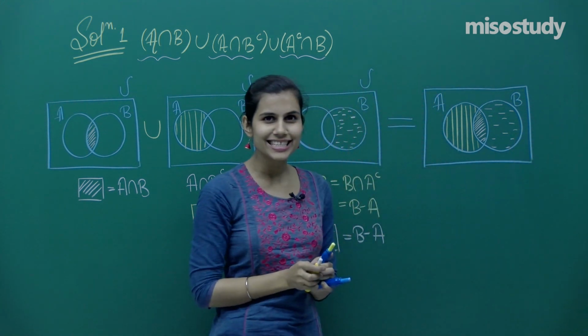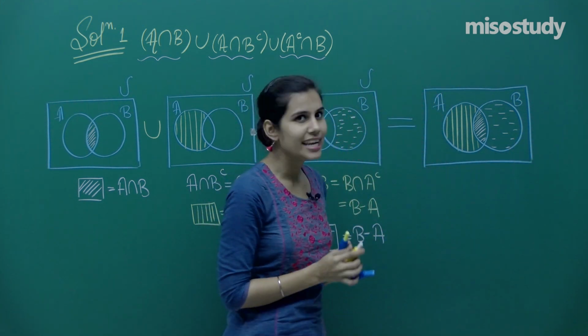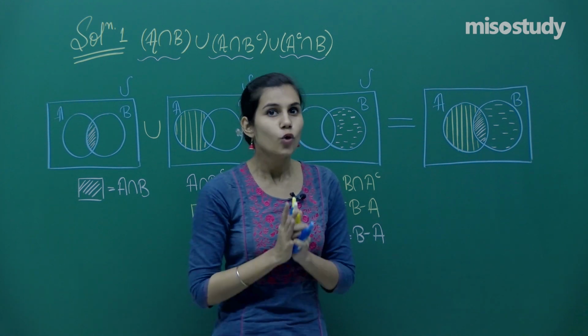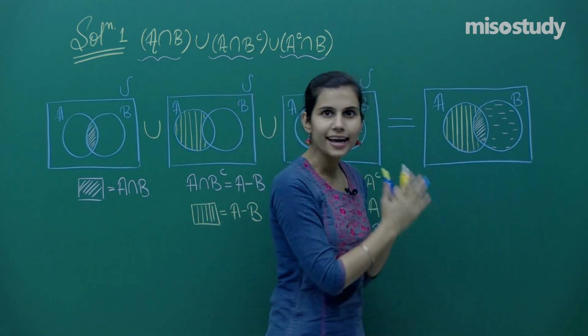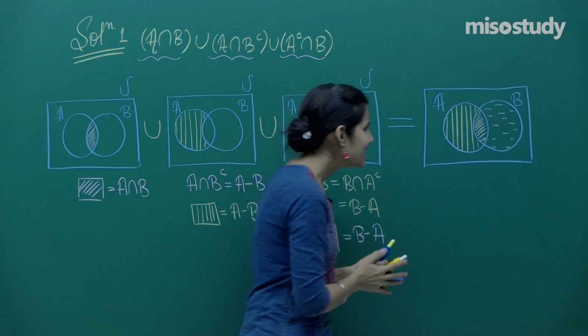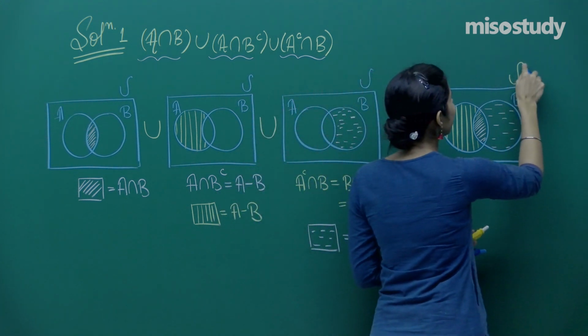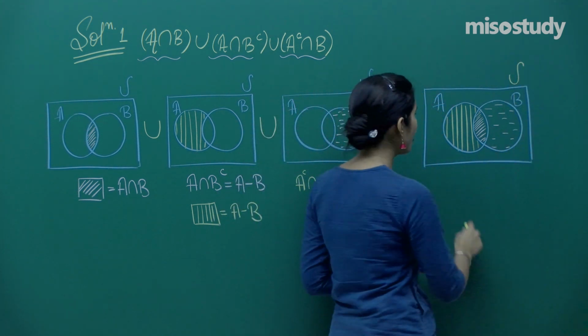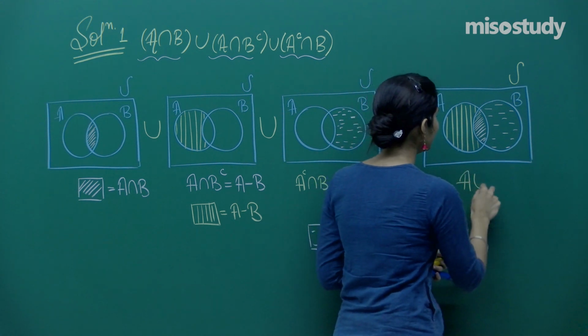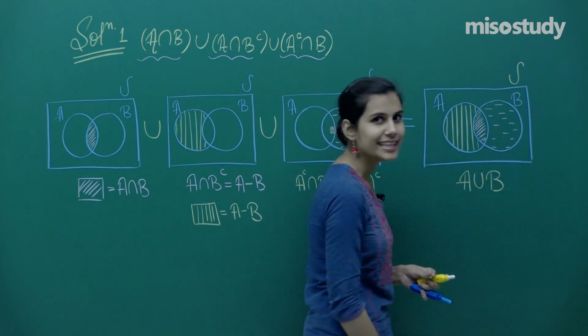What is this? Isn't this the collection of all the members which are sitting in either A or B? This is what, my friends, is the very Venn diagram of A union B.